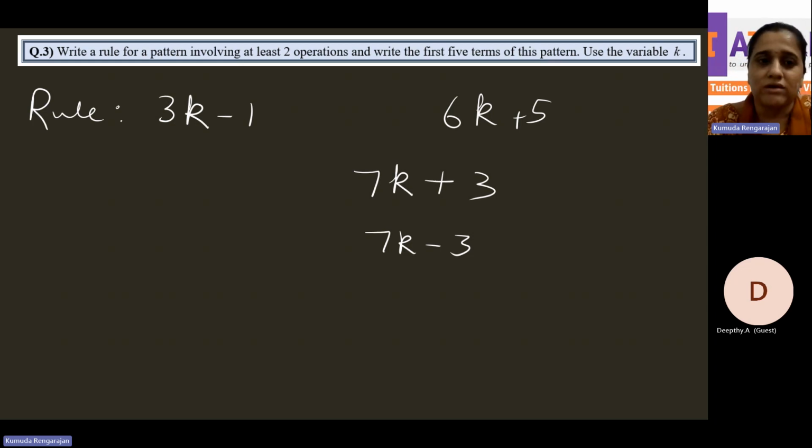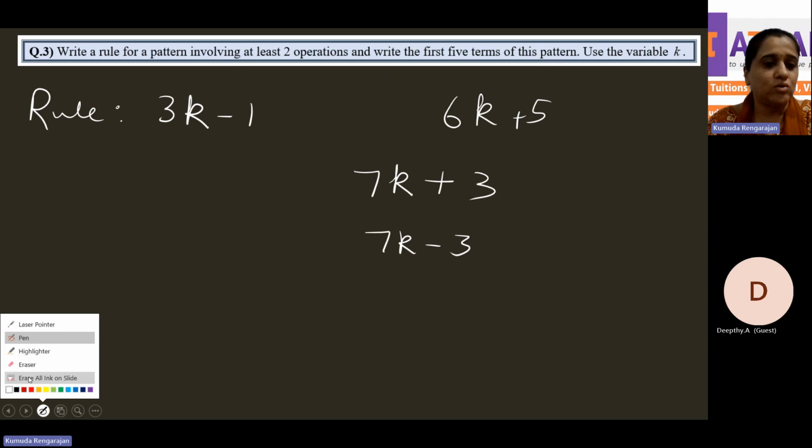You write your own rule. But that rule should have 2 operations, and the mandatory operation is multiplication. With that, you can use addition or subtraction. So make the rule yourself, and using that rule, you write the first 5 terms.